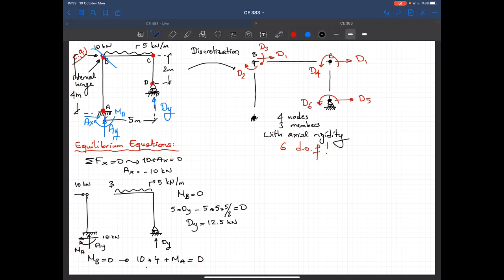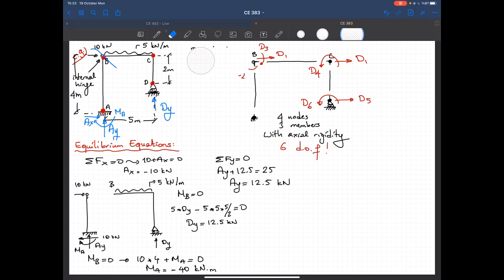So from that equation I obtain MA as equal to minus 40 kilonewton meters. And then my final equilibrium equation will be sum of forces in Y is equal to 0. So AY plus 12.5 should be equal to 25, which is the total vertical force due to this uniformly distributed load, and I obtain AY as equal to 12.5 kilonewtons. So with these equilibrium equations, I calculated all the support reactions.